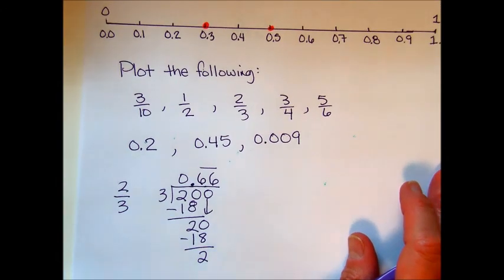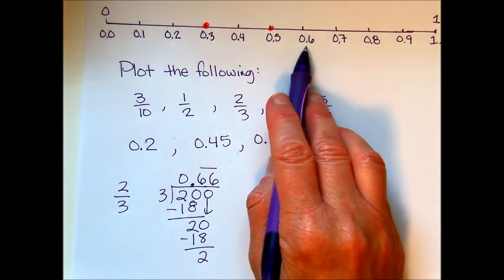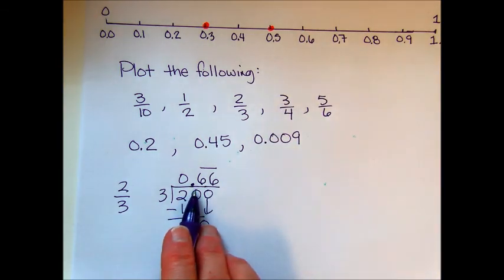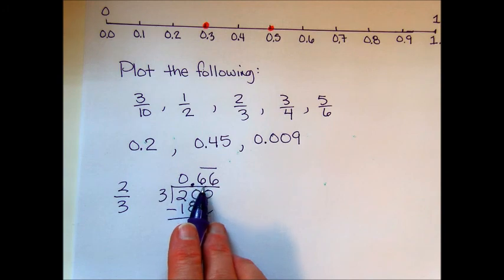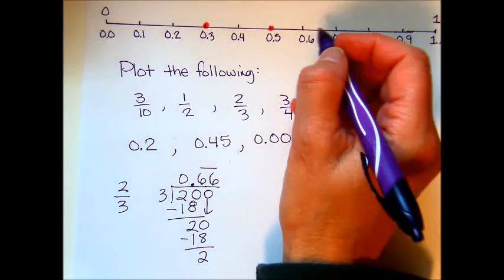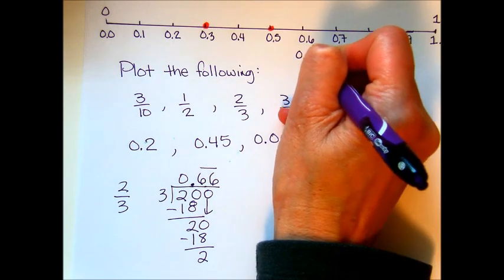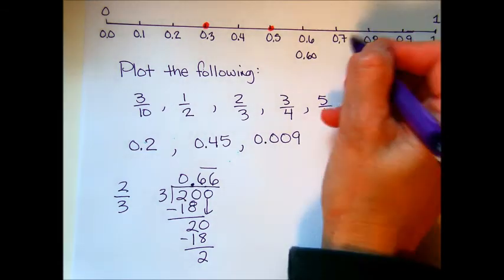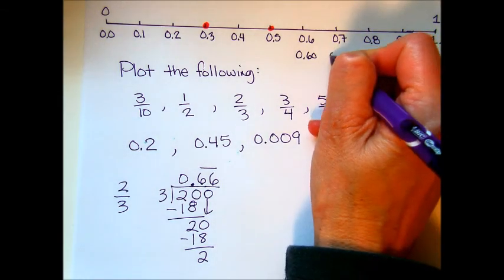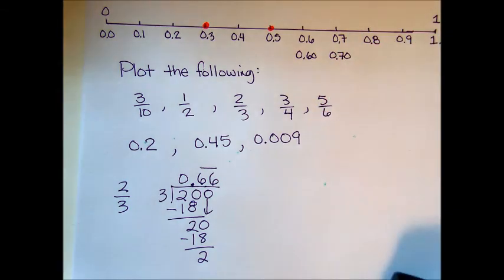Okay, so here you can see the point of 6/10. Notice this is slightly bigger than 6/10. To say this as a decimal, we're going to say 66 hundredths. 6/10 is the same thing as 60 hundredths. And 7/10 is the same thing as, or equivalent to, 70 hundredths.